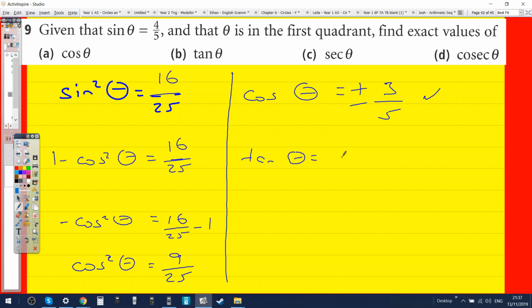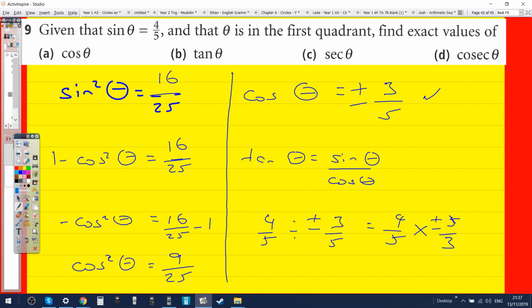Tan theta is sine theta over cos theta. And so you could just do sine theta is 4 over 5, divided by plus or minus 3 over 5. And so you can do the keep change flip. So it's plus or minus 4 over 3, which was what we got.